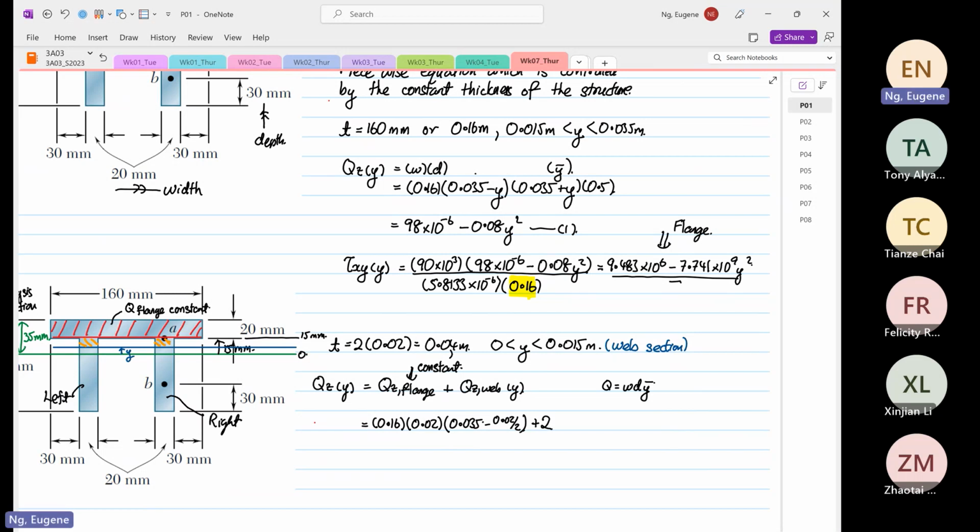So you have twice. The width is 0.02. Now the depth is 0.015 minus y, and the y bar is 0.015 plus y multiplied by half.